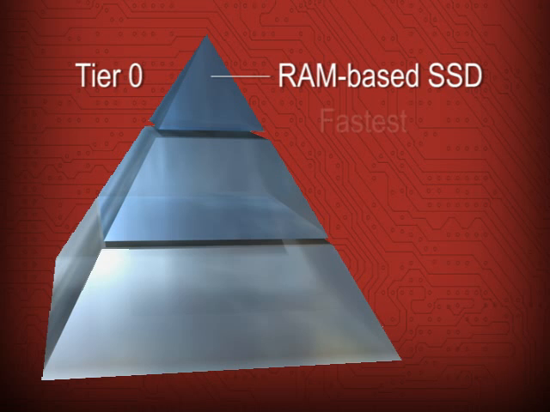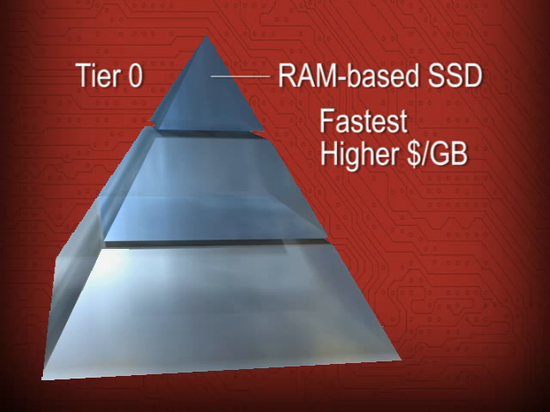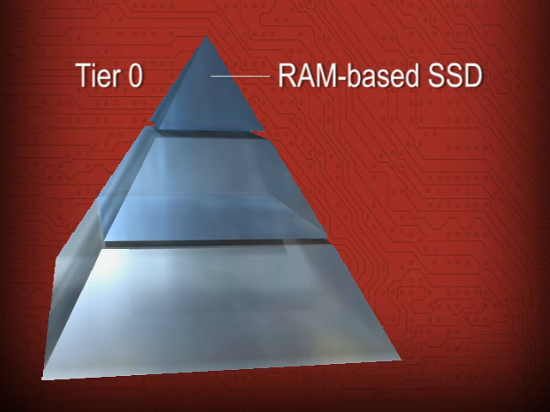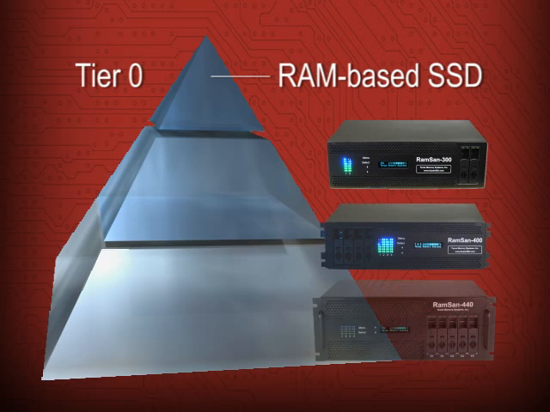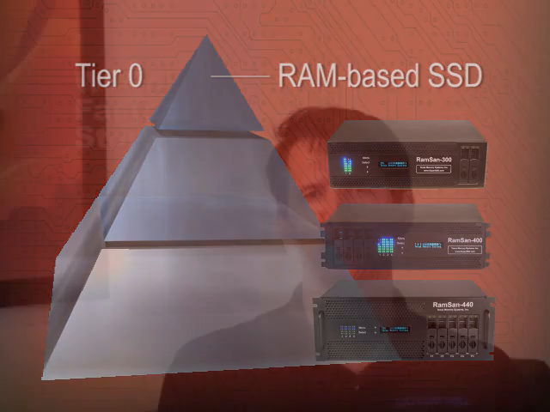This is going to offer the highest possible IOs per second and the lowest possible latency, but it's also going to come at a higher cost per gigabyte than other solutions. Our RAM-SAN 300, RAM-SAN 400, and RAM-SAN 440 offer solutions ranging from 16 gigabytes to half a terabyte of capacity in those RAM-based solutions.